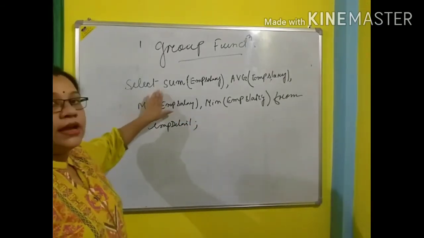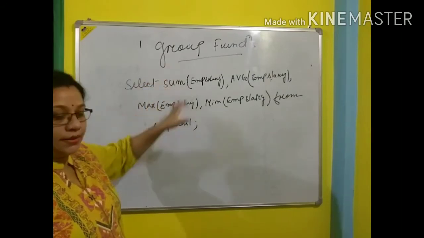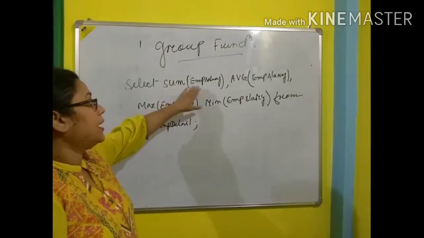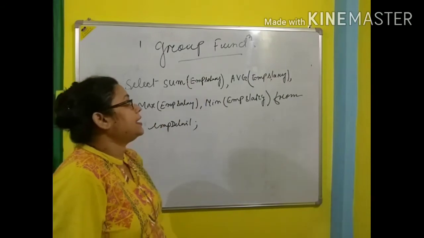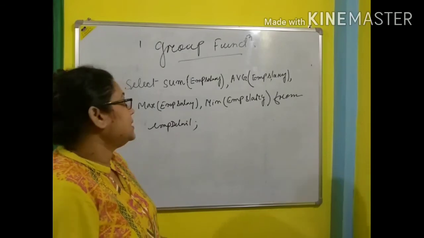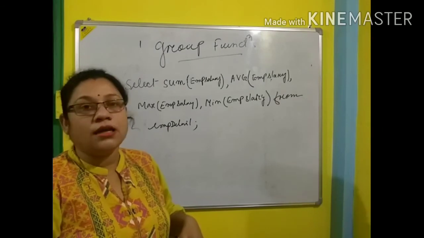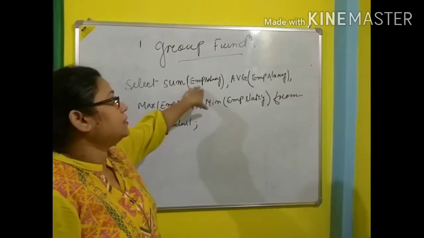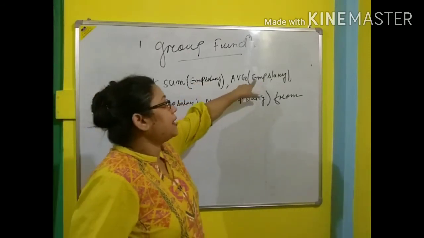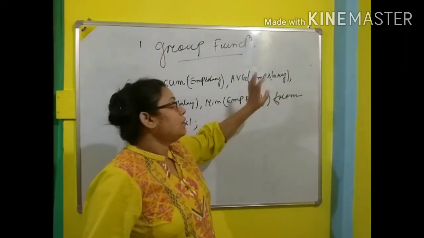Okay, so here we are going to use the select command followed by the function name. The first function in this example is sum. Inside the sum body I write EMP salary, which is a column that includes all the salary details of the employee. So this function calculates the sum of the salary. After that, average finds the average salary from this column.